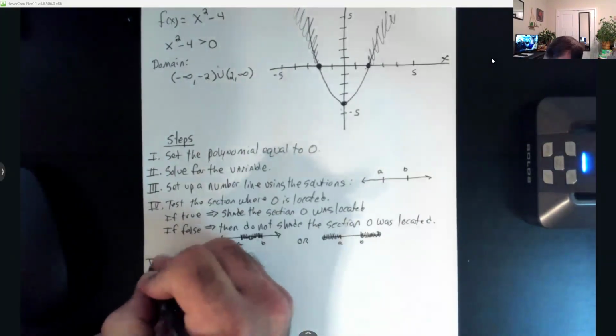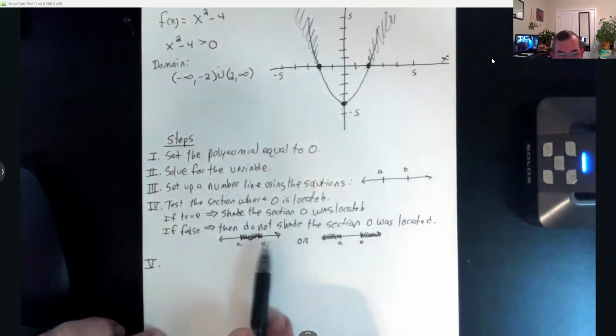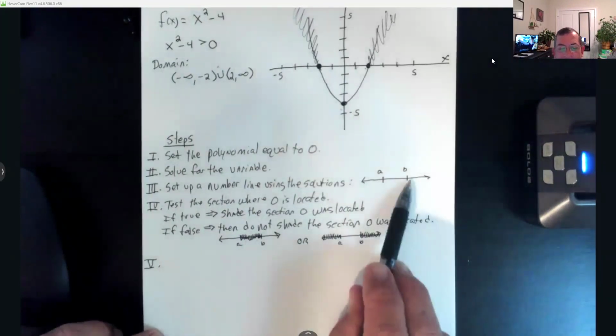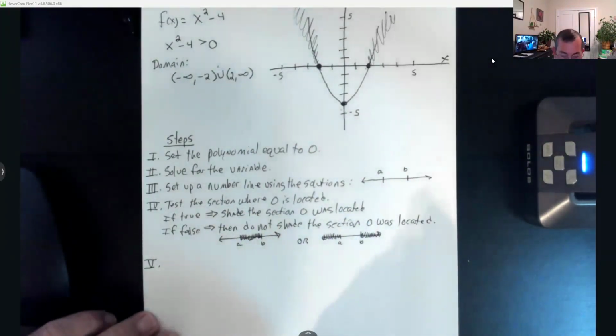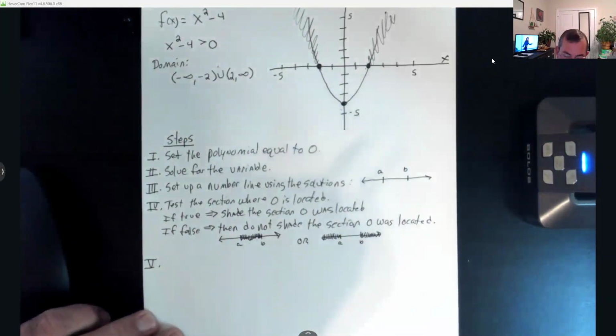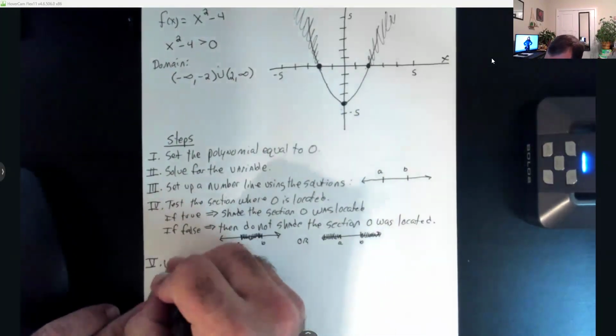Now, once I've shaded and figured out what sections I need to shade, I then write my answer in interval notation.